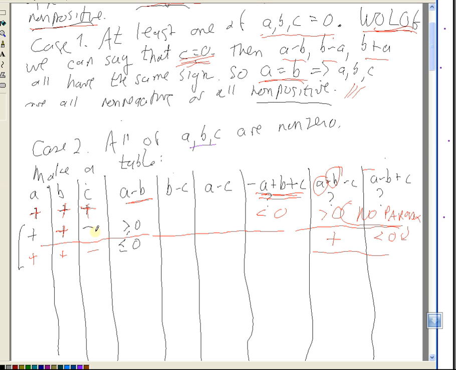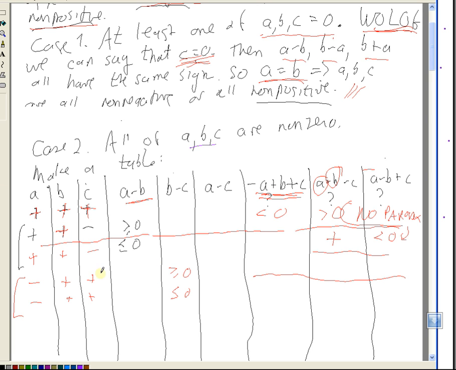Now, as I said, there are a bunch of other cases to list, but really they're going to be exactly the same. For instance, if I had minus plus plus, like this, then in this case I want to consider two cases for B minus C. B minus C is either greater than or equal to 0, or B minus C is less than or equal to 0. And you could list the signs here in exactly the same way.